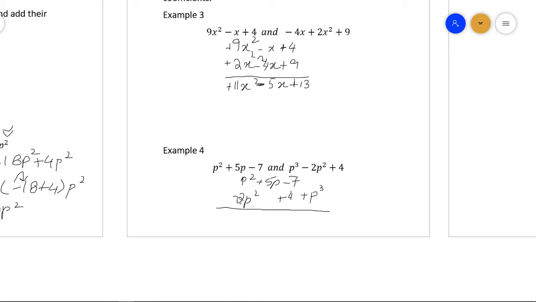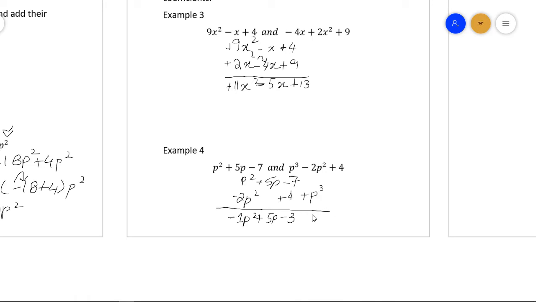Okay, positive term and negative term, it means we will subtract them as their nature is different. So 1 minus 2 is 1p square, and the sign will be negative because of 2. 5p, as there is no term to add in it, so we will write it as it is, 5p, and again different nature, so we will subtract 7 minus 4 will be 3, and the sign will be negative because of the greater value.